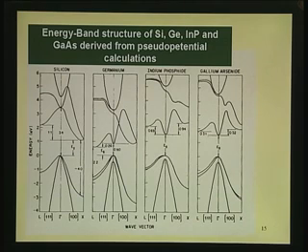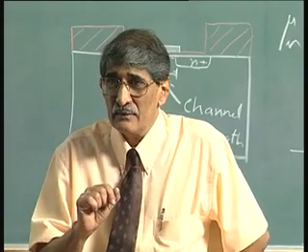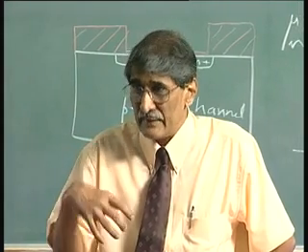Okay, this is just a diagram which looks a bit complicated. If you go back to these curves, you will see some of these are put with filled squares, squares which are dark, and some others, silicon, germanium, aluminum antimonide, gallium phosphide, etc., are made with open squares. This is a specific thing about the material.